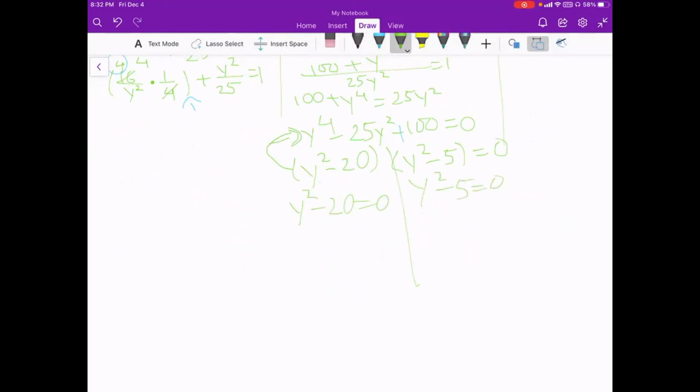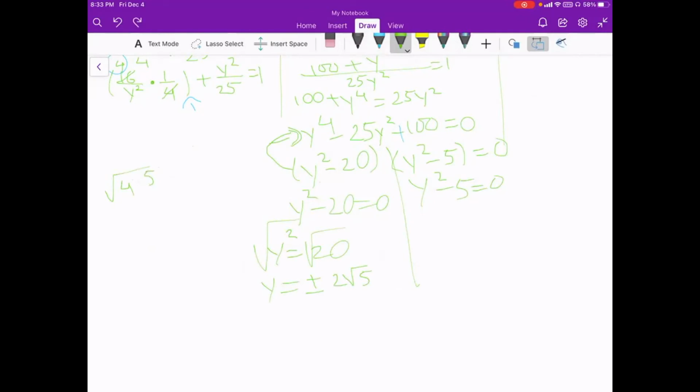Now I'm going to transpose the 20 to the other side, so y squared is equal to 20. Take the radical of both sides. y is equal to plus or minus radical 20, and you can write 20 in its multiples: 20 is actually 4 times 5.